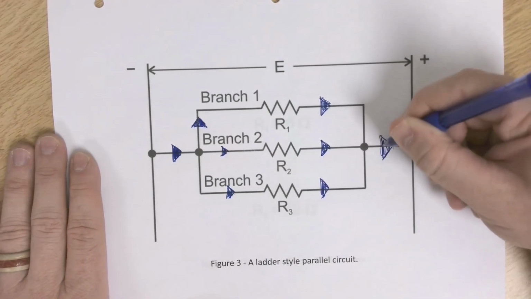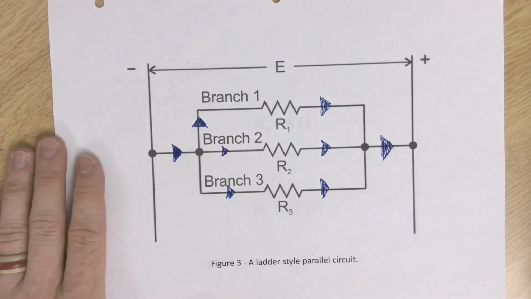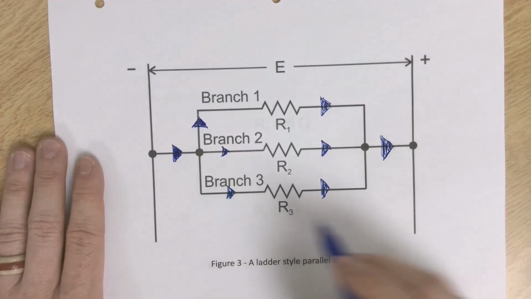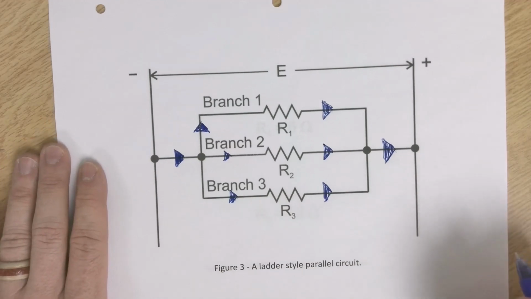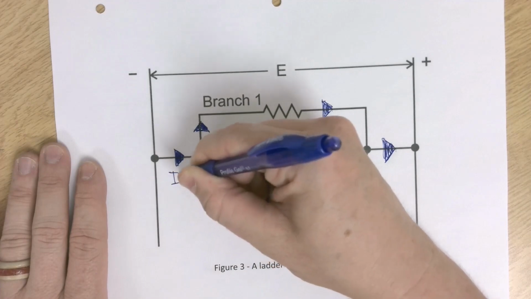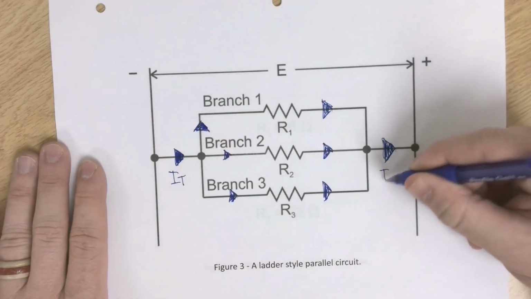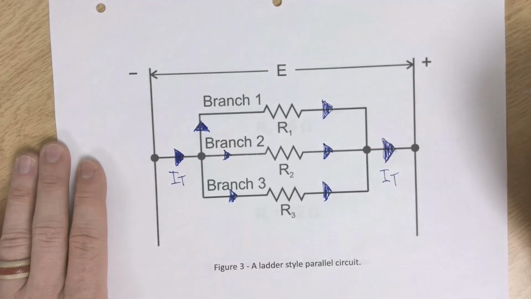So as we're labeling our different I values, or our different currents in a parallel circuit, at the beginning we would say I total. And since they all meet up at the end, that's also I total.